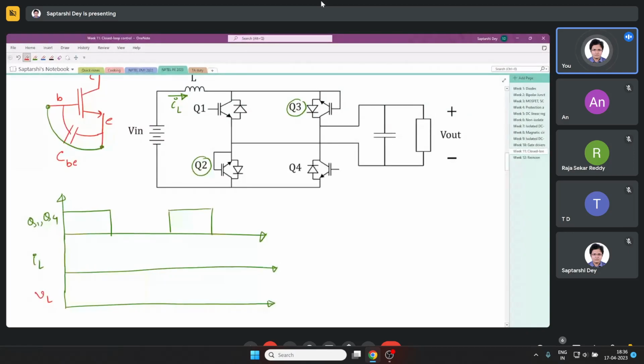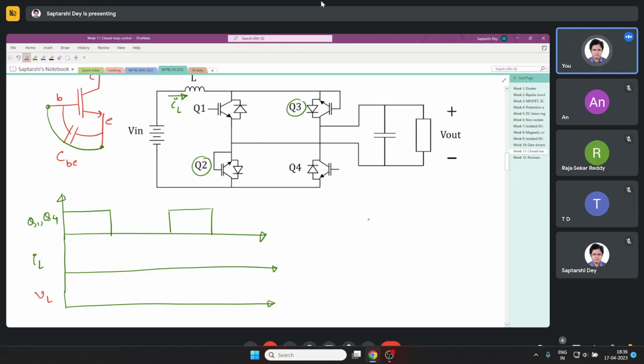Let us draw inductor voltage first. You see, this looks like a boost converter: a voltage source followed by an inductor, followed by switches.